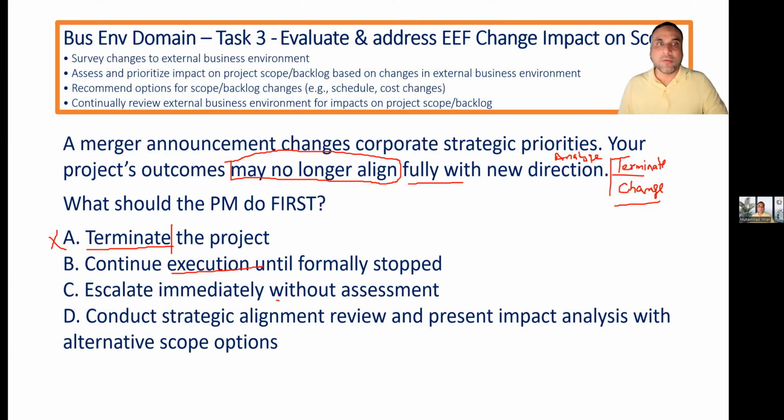And this word doesn't help us to do that. So better answer is only one, which is D. Great. Perfect. So that was the end of task 3. Keep evaluating and addressing change in enterprise environmental factors for scope.